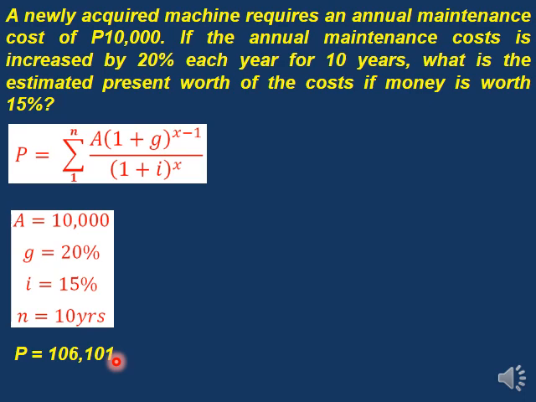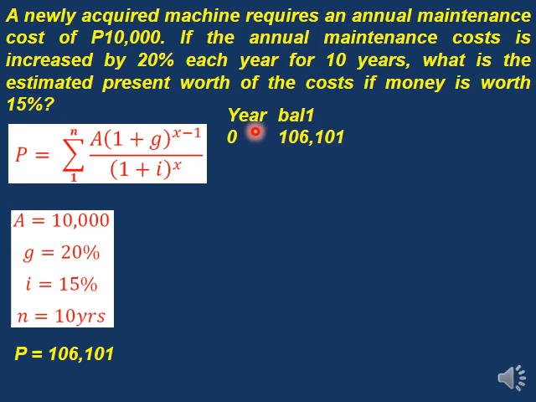Okay, I will illustrate the meaning and the concept, or the feeling, of what is meant by 106,101. It means that the amount of 106,101 is the only amount you need now in order to provide all the maintenance costs from the end of this year up to the end of the 10th year.